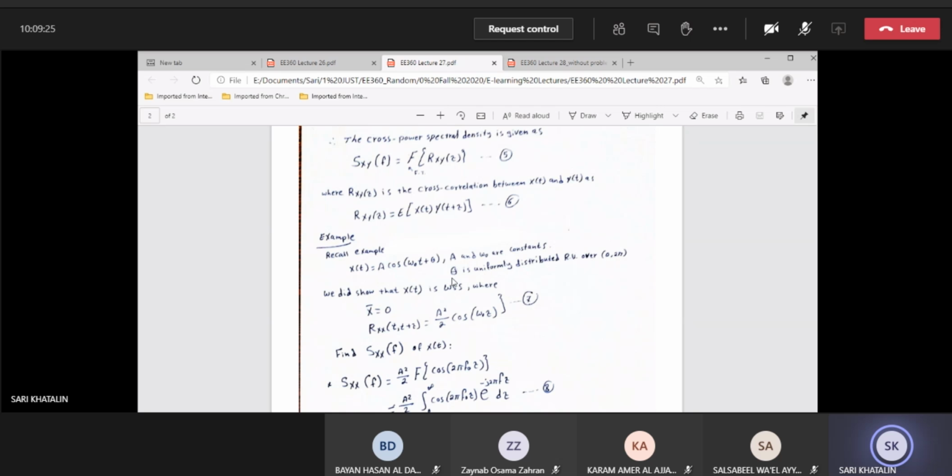We showed that this random process is wide-sense stationary, where the mean is constant and happens to be 0. We also found the autocorrelation, which was A squared divided by 2 times cosine omega naught tau.